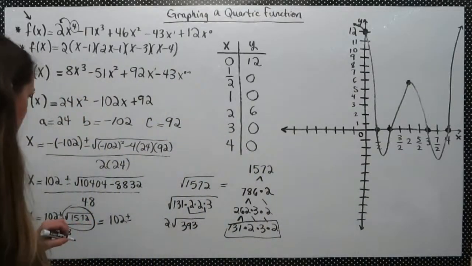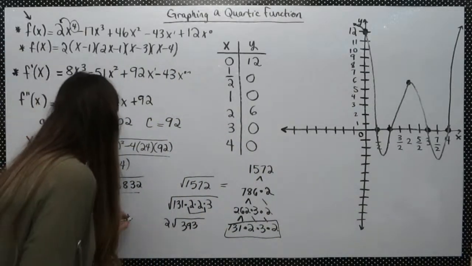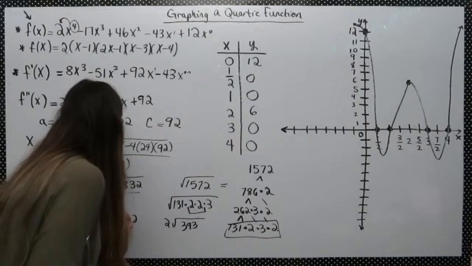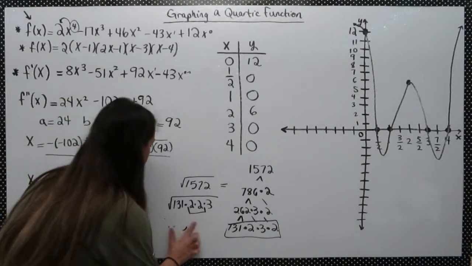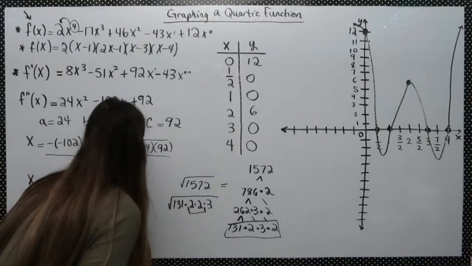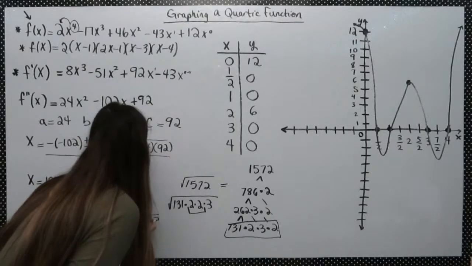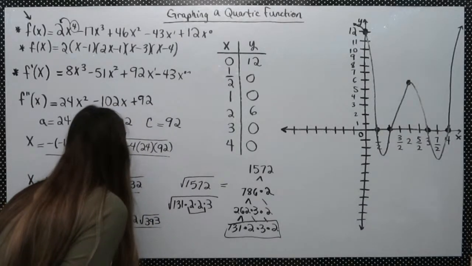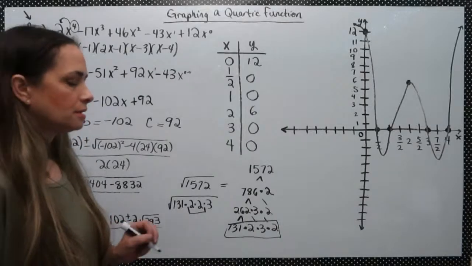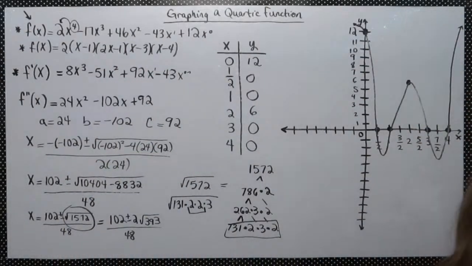So it's going to be 102 plus or minus 2 radical 393 over 48. And I don't think that 48 is going to divide 102 evenly, so you'll just end up with really ugly numbers. It's okay.